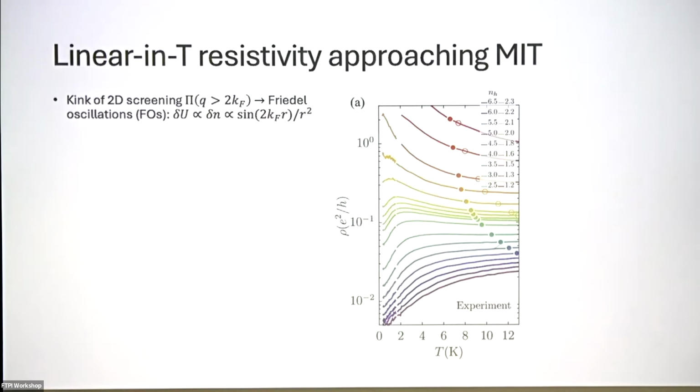Lastly, let me explain the mechanism for linear resistivity from the metallic side approaching the metal-insulator transition. We know that for two-dimensional screening, there's a kink in the polarizability function at the backscattering momentum 2k_F. This is because if you increase the scattering momentum, the two Fermi surfaces of the 2D electron gas will detach from each other at exactly q equal to 2k_F.